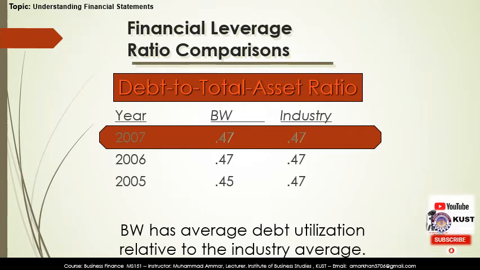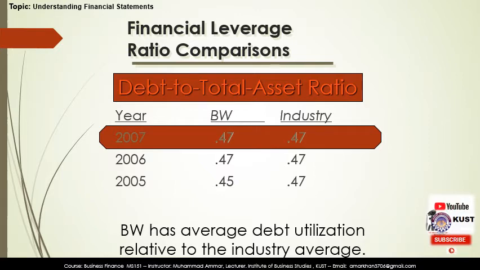The first column shows the years 2005, 6, 7, and we are currently talking about 2007, comparing Basket Wonder with the industry average. You clearly see that the Basket Wonder ratio is 0.47, which is the same as the industry average, which is also 0.47.